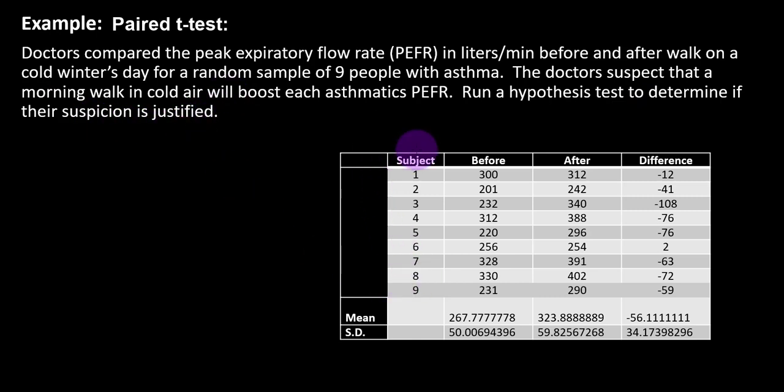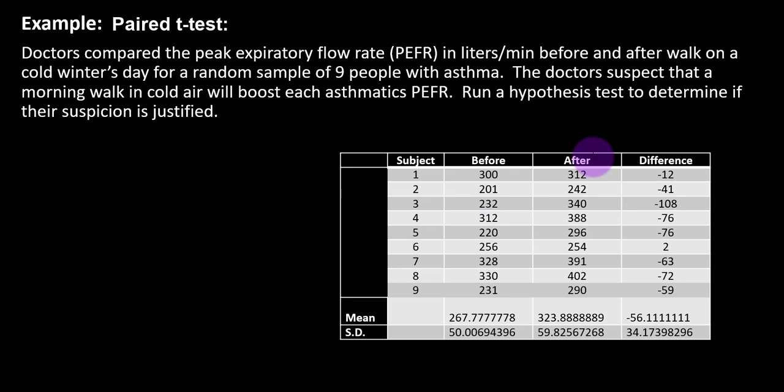And I usually don't provide you with the raw data here, but I thought it would be useful in the context of the paired t-test to see how these differences are computed. So we've got 9 people randomly chosen, and we've got their before values and their after values.